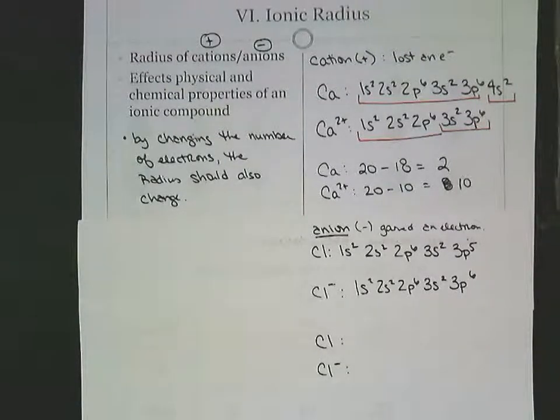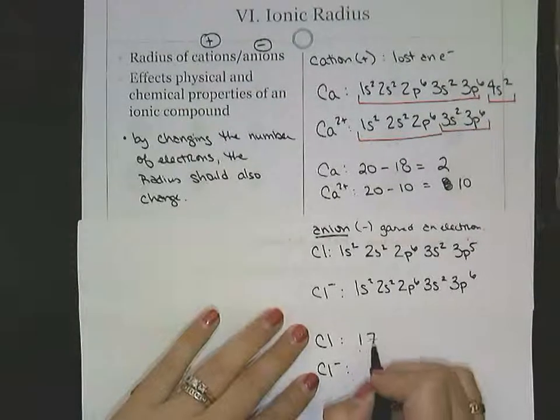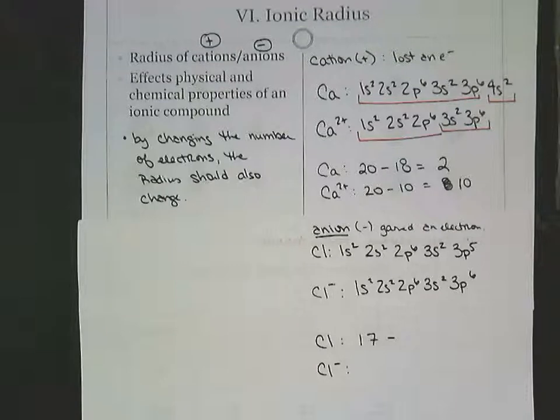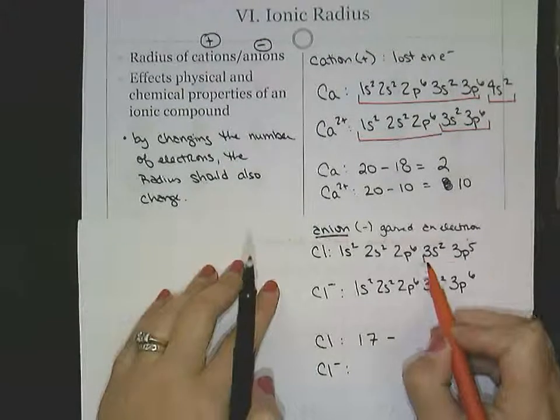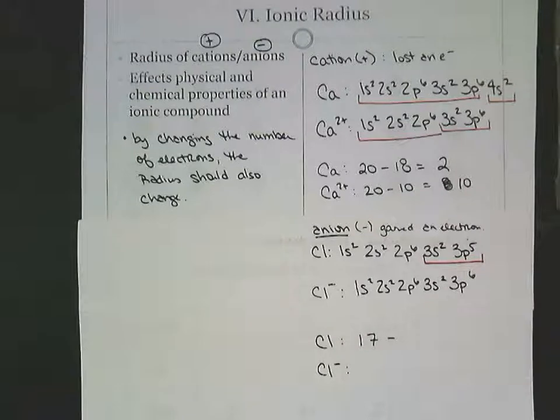We started off with the total number of protons for regular chlorine: 17. Which value of n are the valence electrons? The 1s, the 2s, or the 3s? 3s, right? So these are the valence. How many valence electrons do I have? 7.